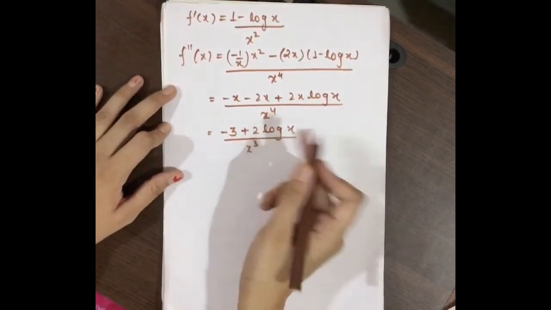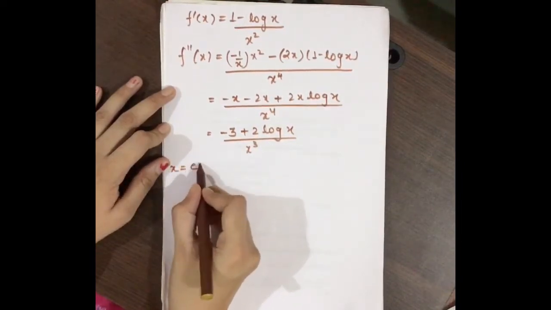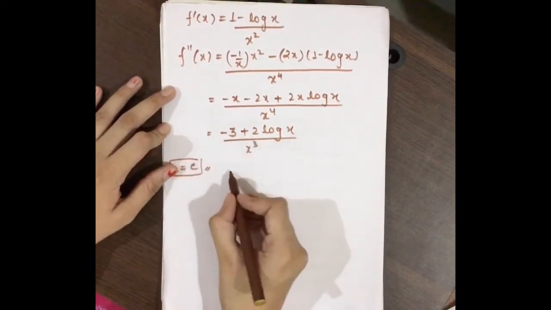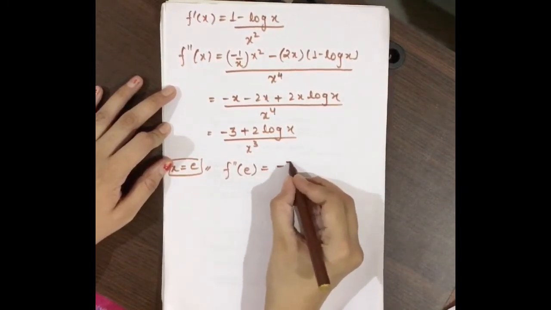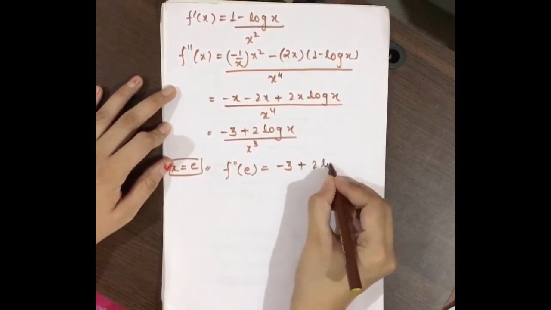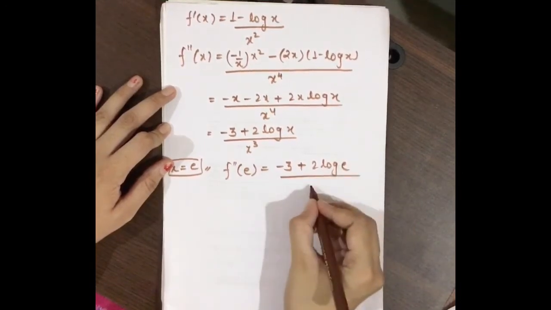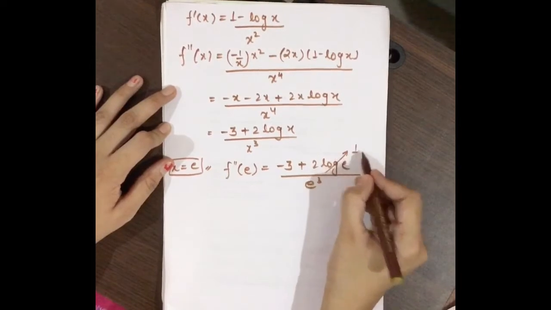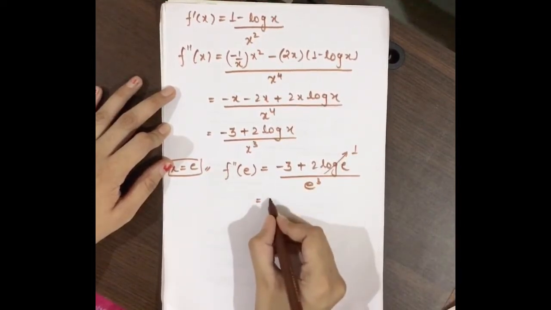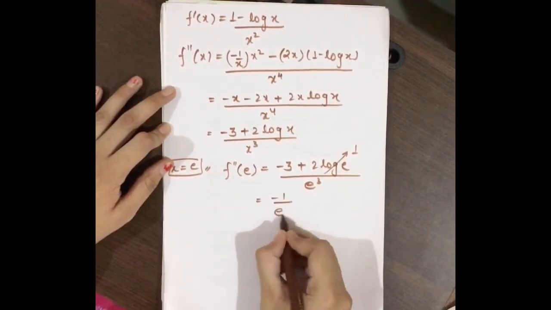Now what we had was x equal to e. Now let's see f double dash e. So what we will get is minus 3 plus 2 log e upon e cube. Okay, now log e will be equal to 1, and we get minus 1 upon e cube.